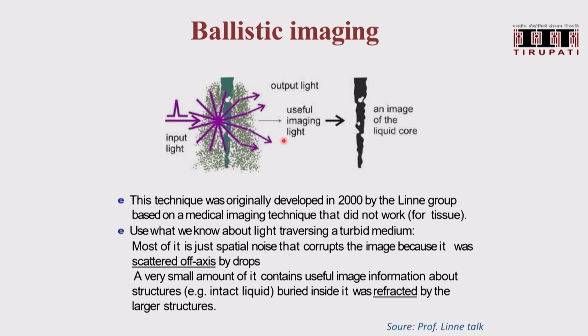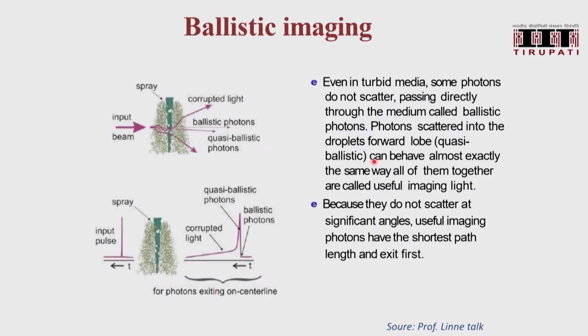Here there is a liquid core. Sprays usually have a lot of drops and a liquid core. Wherever there is a liquid core, the photons will arrive really late. In liquid, the light travels slower, or obstacles are there, so the light comes late.